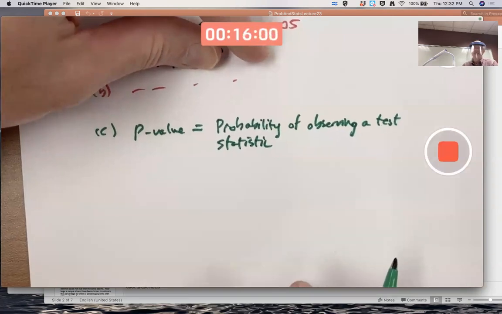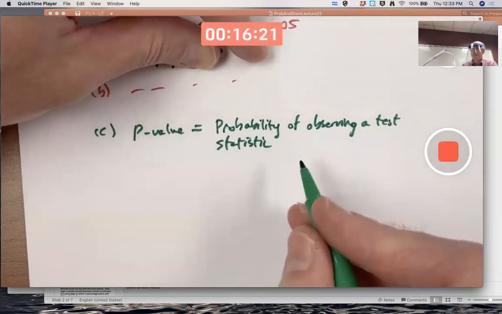What is the test statistic? There's lots of things it could be. X bar, maybe converting X bar to Z, maybe T, a t-distribution. There's lots of things the test statistic can be. There's actually, when you get into stats enough, like hundreds of them.